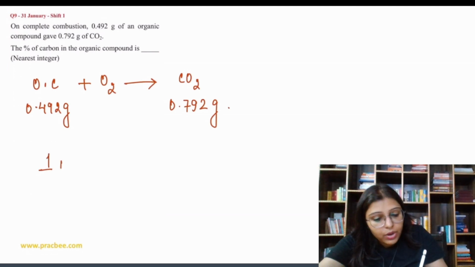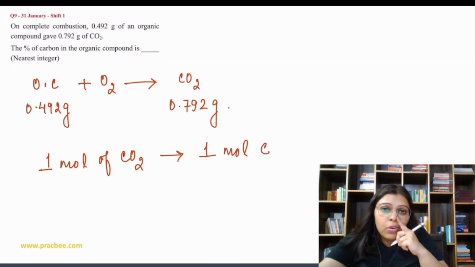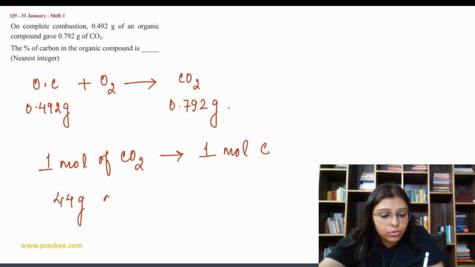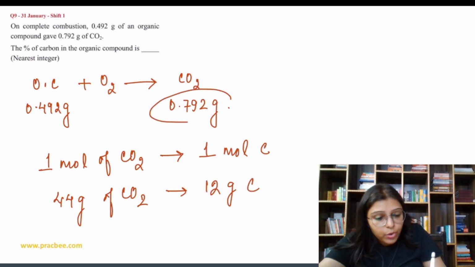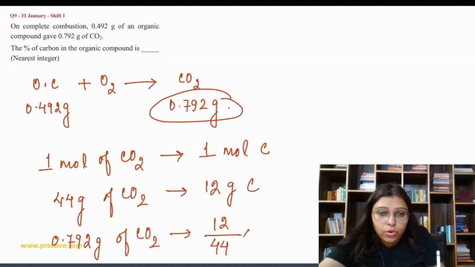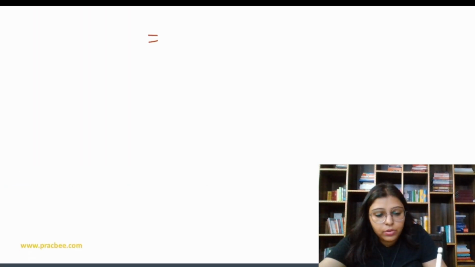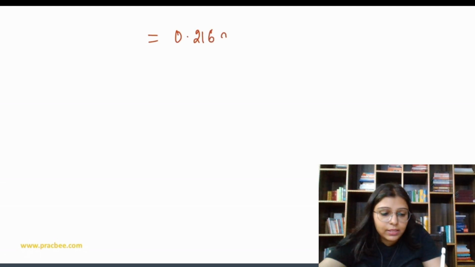See, 1 mole of CO2 has 1 mole of carbon. 1 mole of CO2 means 44 gram of CO2, and 44 gram CO2 means 12 gram carbon. So 0.792 gram CO2 means 12 upon 44 into 0.792 gram carbon, which is equal to 0.216 gram carbon.